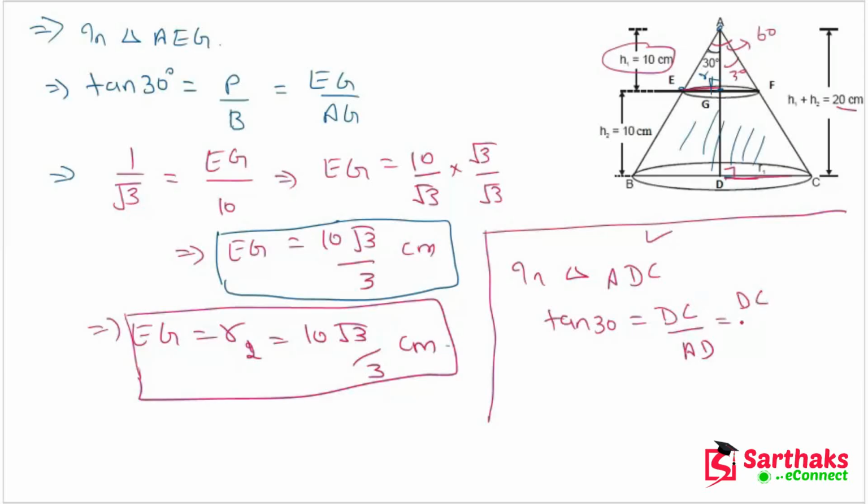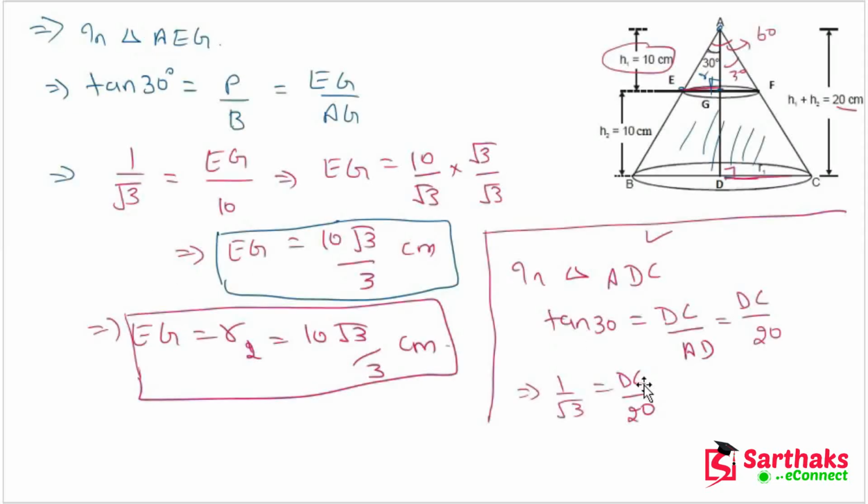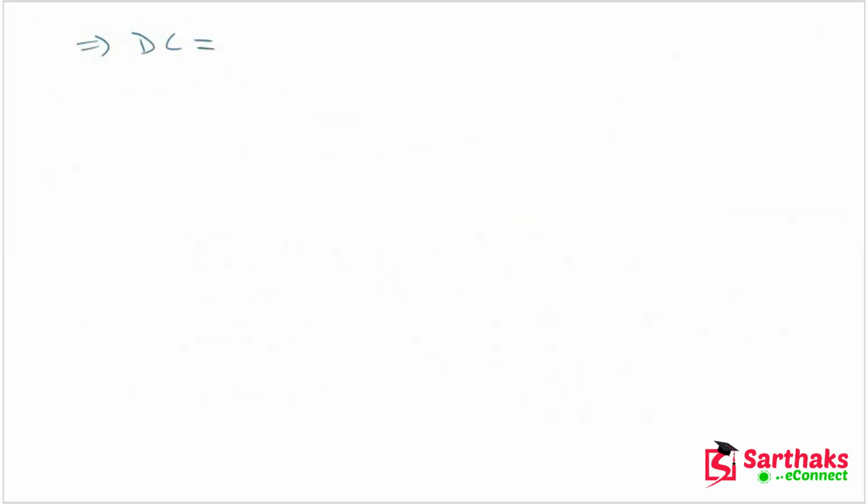We have to find DC, and AD is 20 centimeter. So 1 upon root 3 is equal to DC upon 20. Now my dear friends, DC is equal to 20 upon root 3.